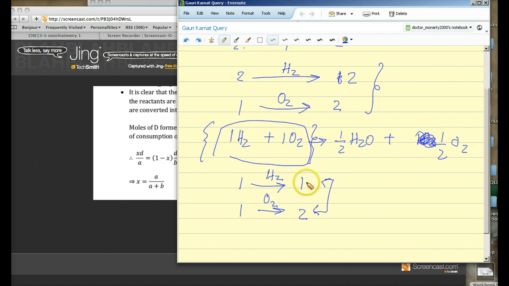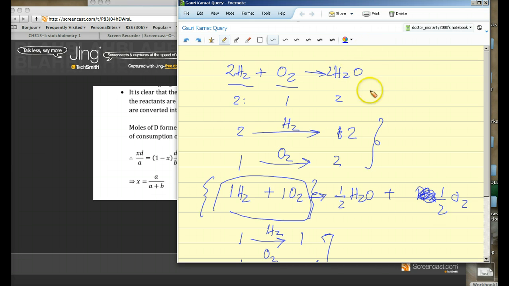that the moles of water produced due to consumption of one reactant is not the same as moles of water formed due to consumption of the second reactant, if you followed proper stoichiometry, or if you looked at the balanced equation, which is this one.